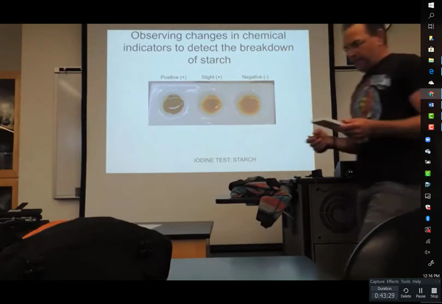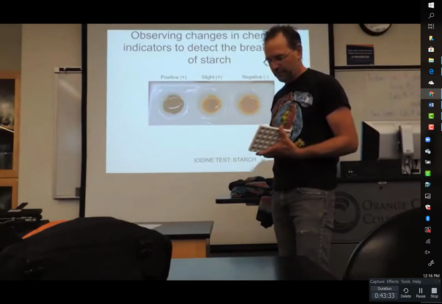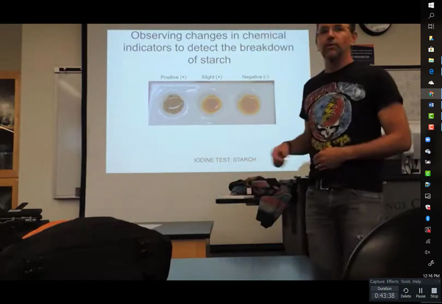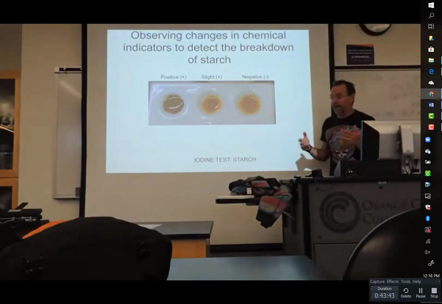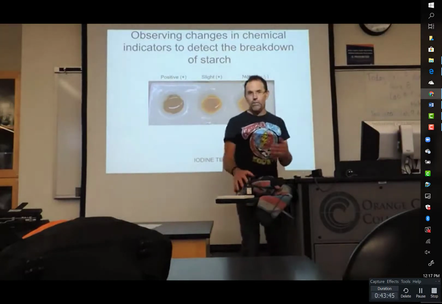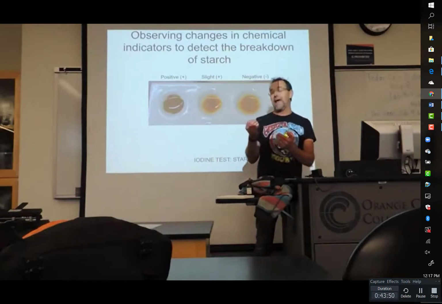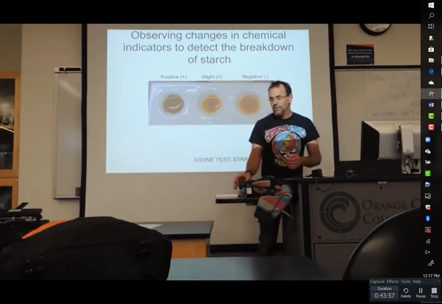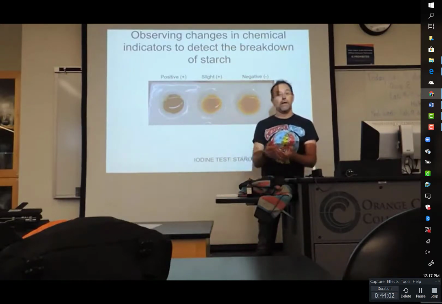Now the depression plate has a lot of little wells in it, and what we're going to do is take our solution from experiment A, the first experiment, the carbohydrate test, and put a little bit of each solution into each one of the 4 wells.